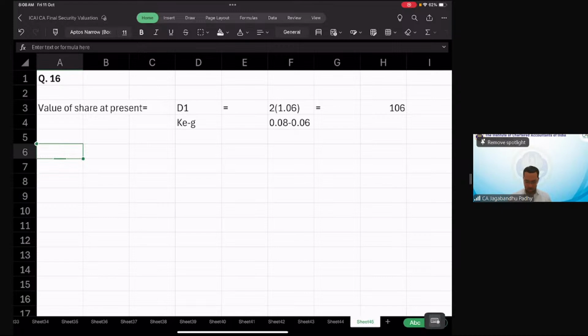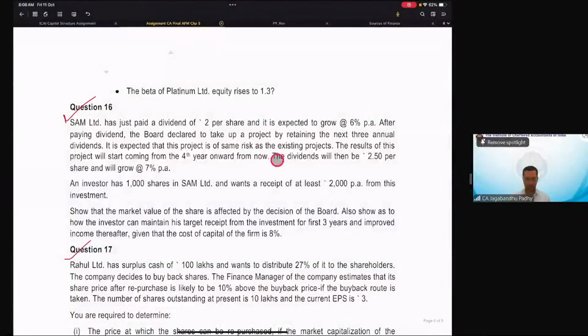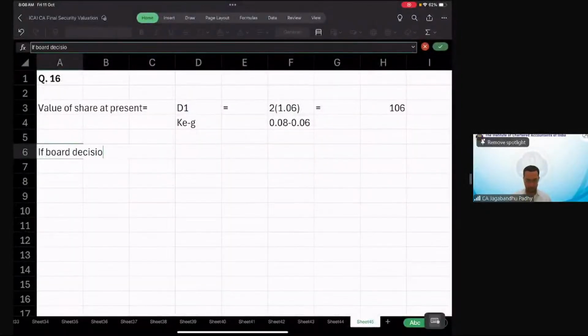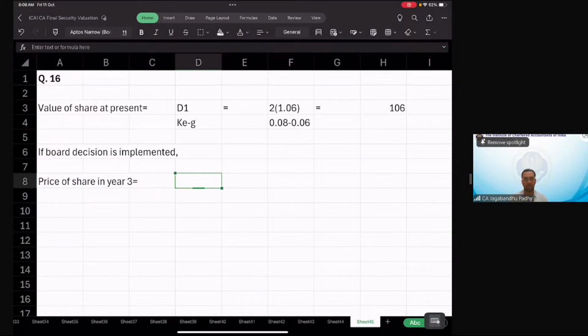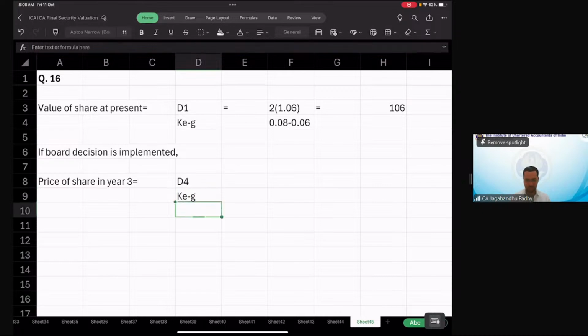So if the board decision is implemented, what will be the price of the share in year 3? Can I say it will be the dividend in year 4 divided by K minus G? What's the dividend in year 4?